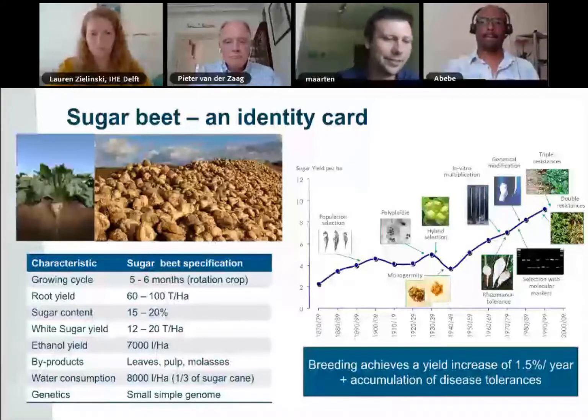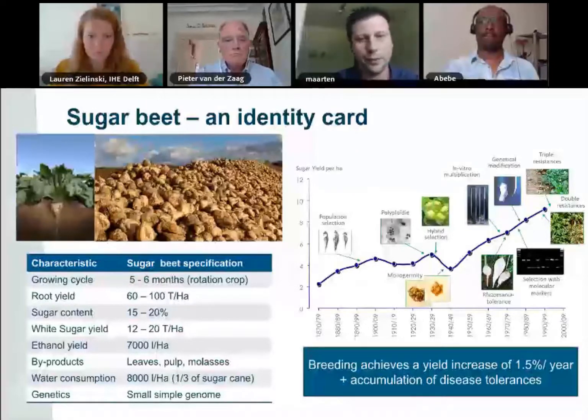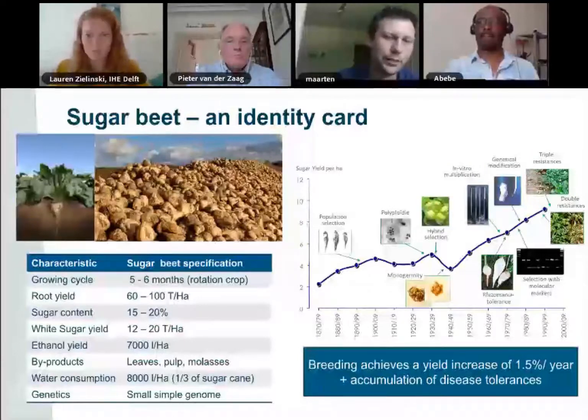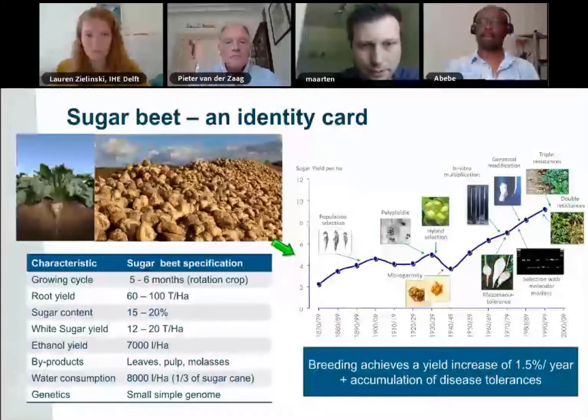And a second interesting characteristic of sugar beet is that it has a very small and simple genome, which allows for a very active and dynamic breeding. And this you can see on the graph on the right, which shows a bit of the history of sugar beet breeding. And then you can see that, we'll try to bring up this pointer.